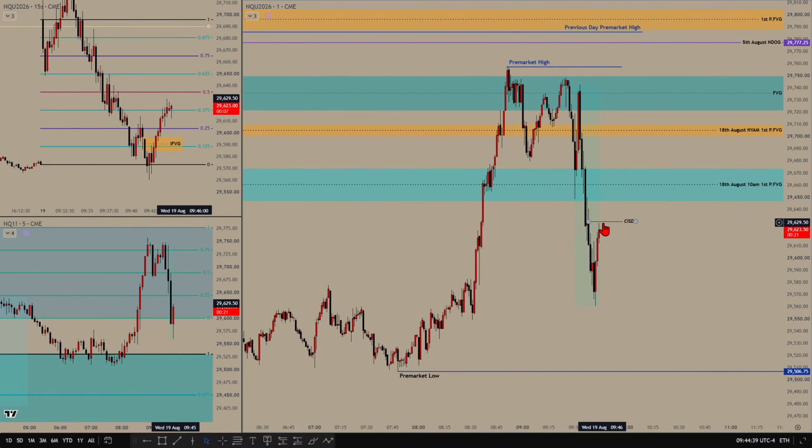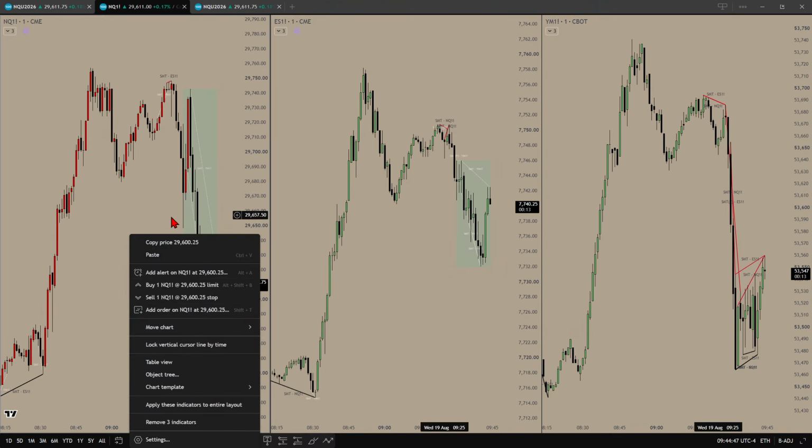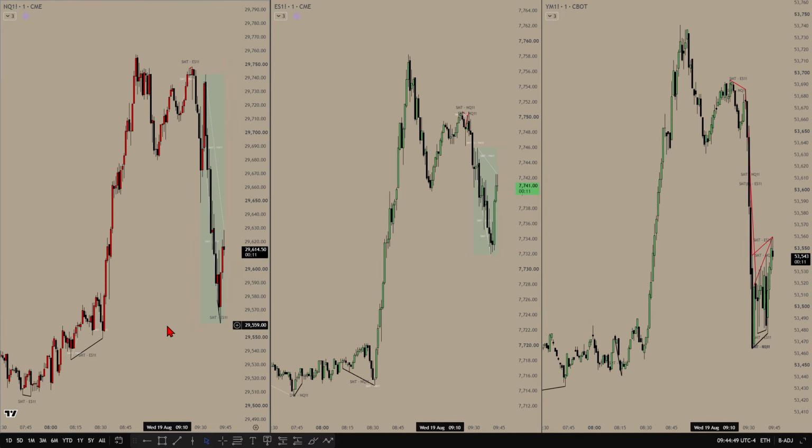So closing above that little line there is our first sign of reversing. Let's see if we've got an SMT or anything. 332. It is an SMT, it just doesn't say it's an SMT.